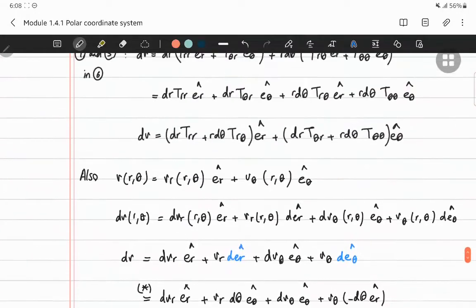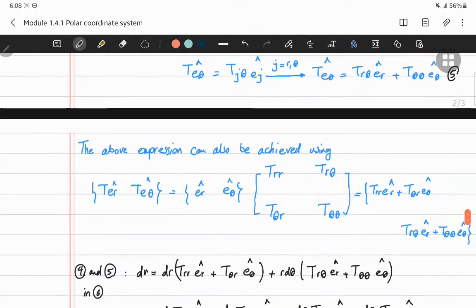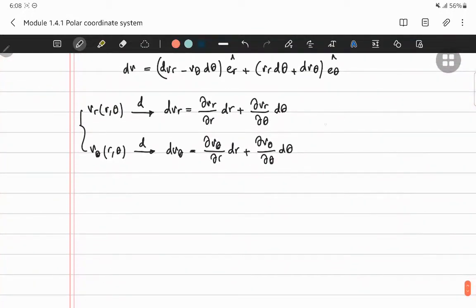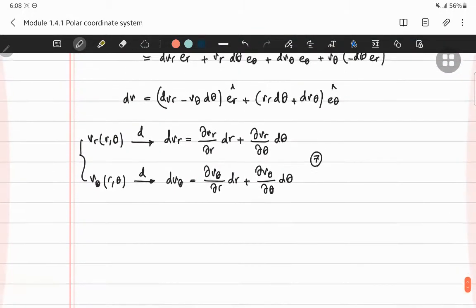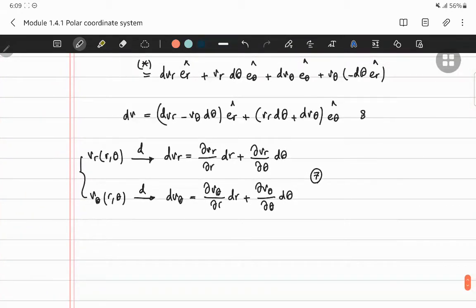So I have this as, let's say, 5, 6, 7, and this is 8. So 7 in 8.